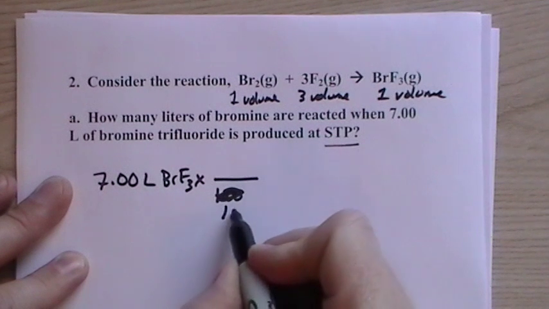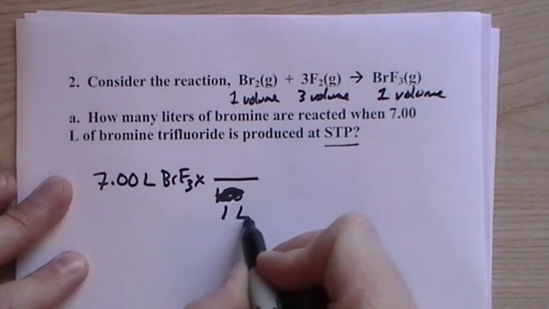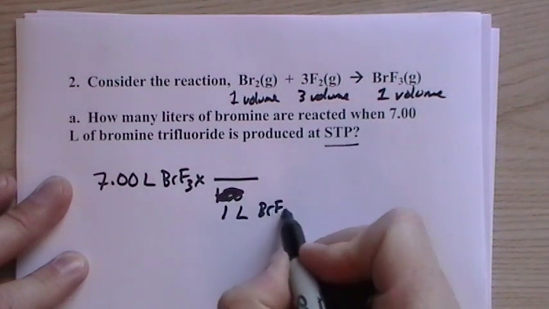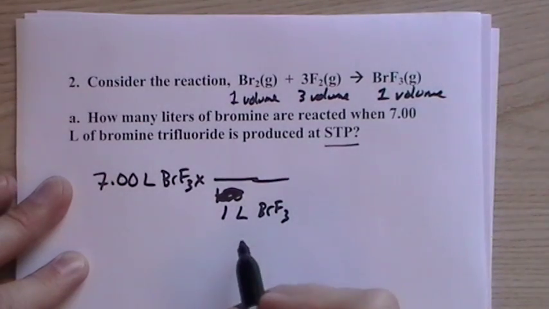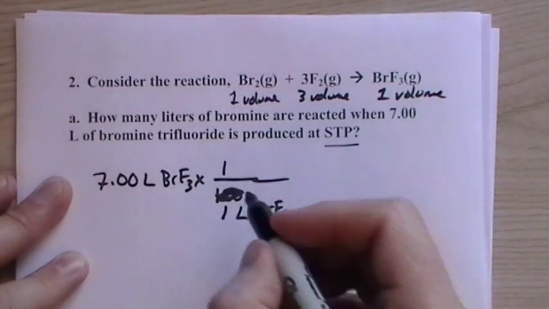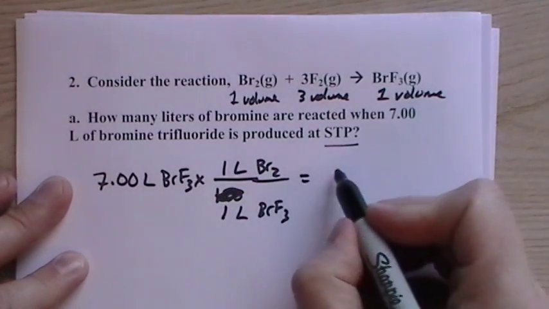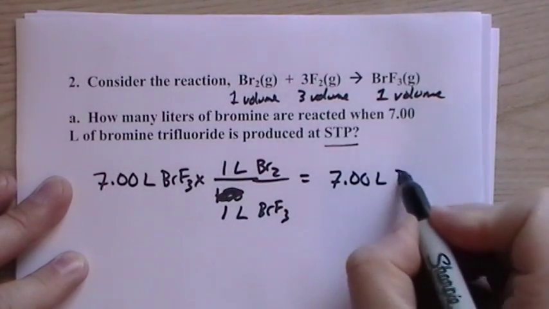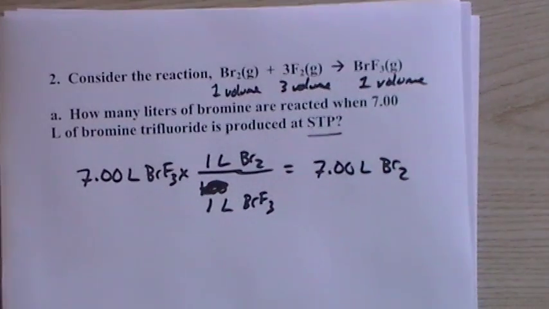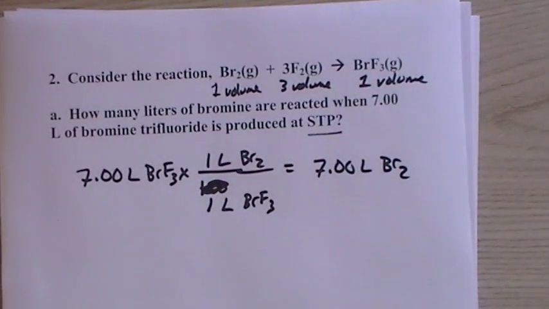This is exact, so for every 1 liter of bromine trifluoride that is produced, 1 liter of bromine is reacted, so it's 7 liters. So gases give us this nice little shortcut.